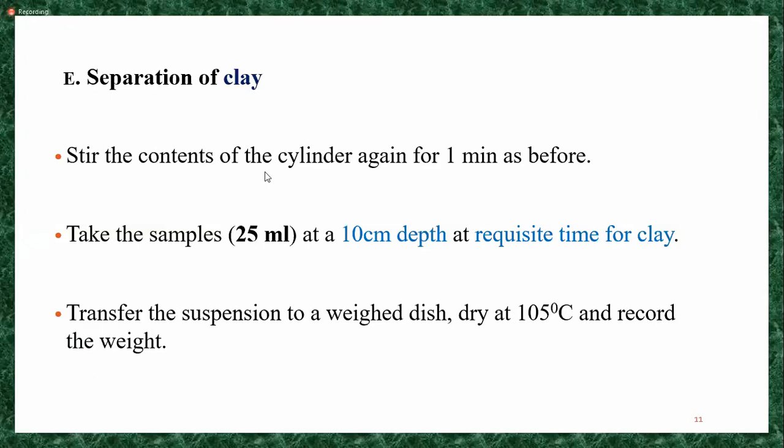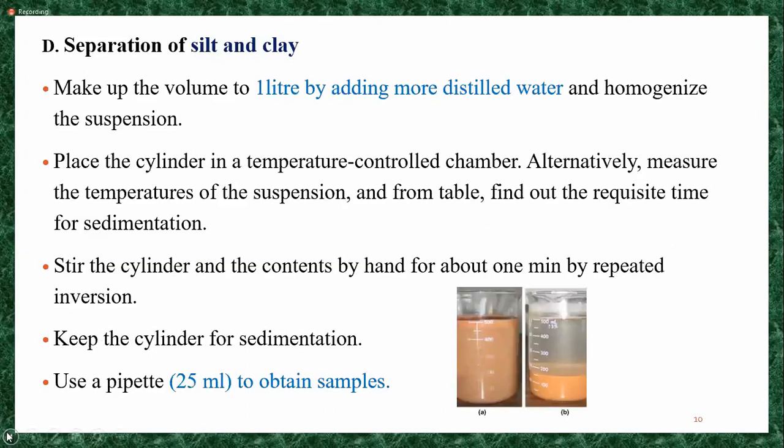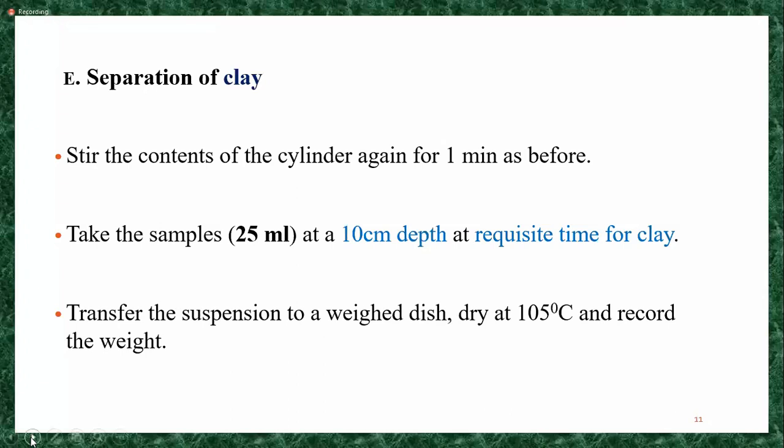Before, for the separation of silt and clay, you also took 25 milliliter of sample. Here, to determine the separation of clay, you have to take 25 milliliter of sample at the depth of 10 centimeter.